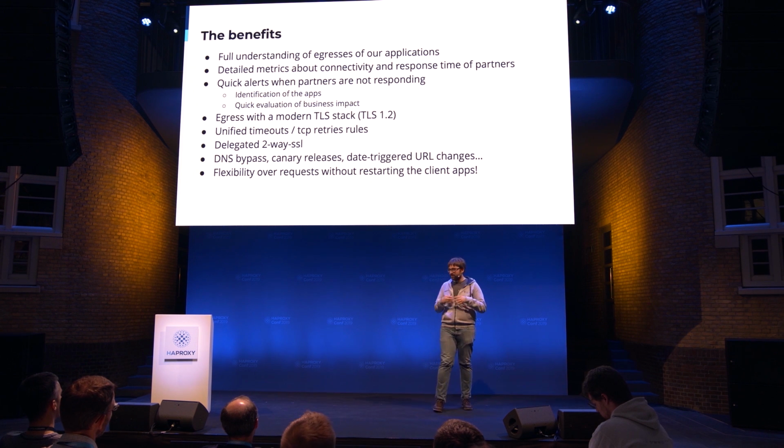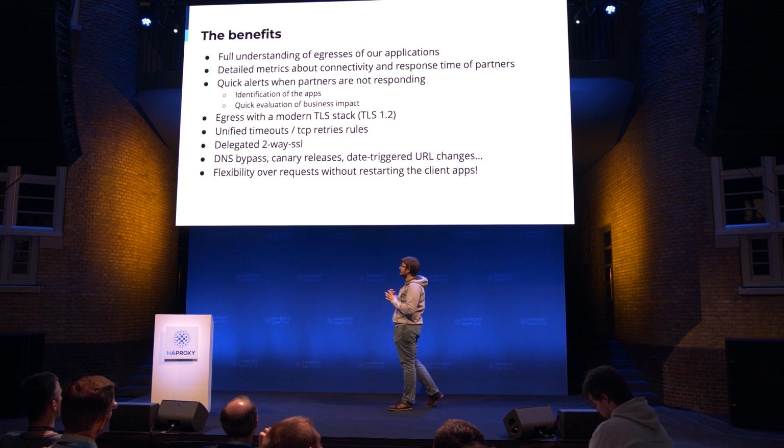So it's really helpful for those legacy applications: if we need to change some egress configuration, we can just do it at the HAProxy level, and then if needed, change the configuration properly on the application side. Being able to do it at the HAProxy level only prevents us from restarting those very old applications.